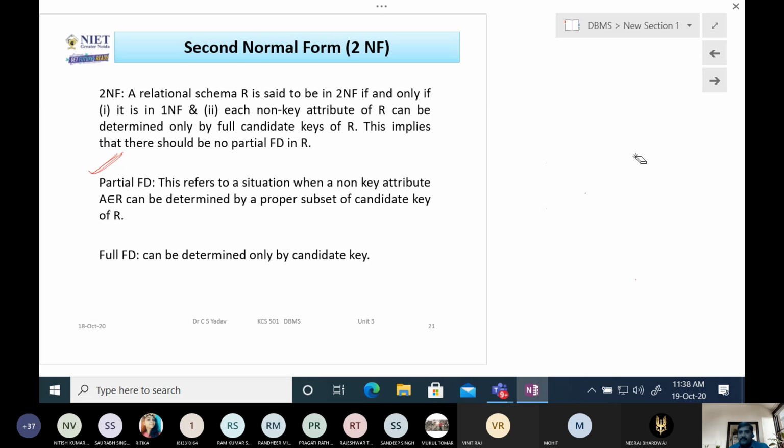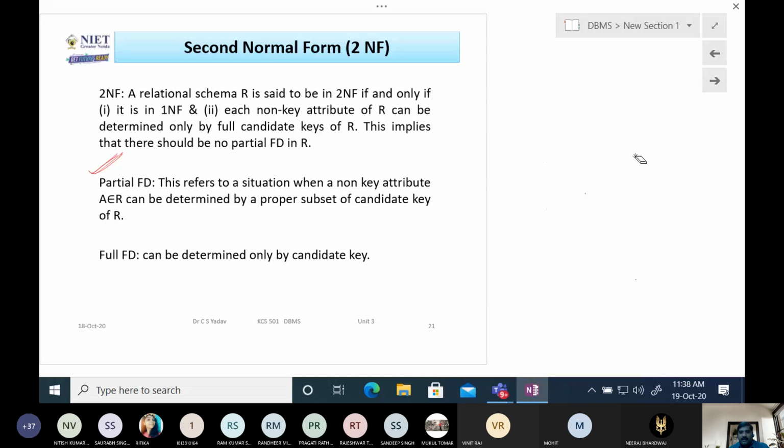Then first normal form. A relation is said to be in first normal form if and only if all underlying domains contain atomic values. And by default, all the tables which we create through SQL are in first normal form.